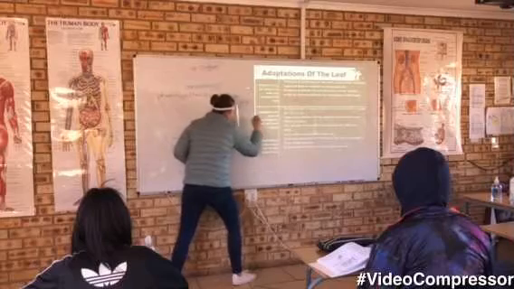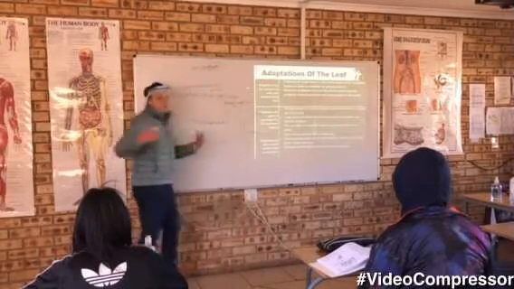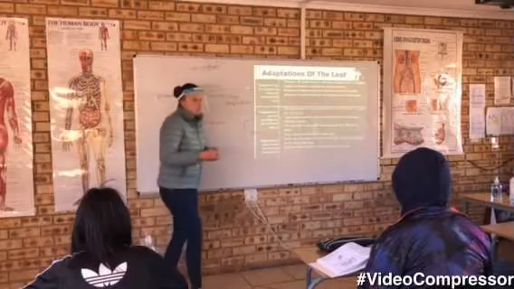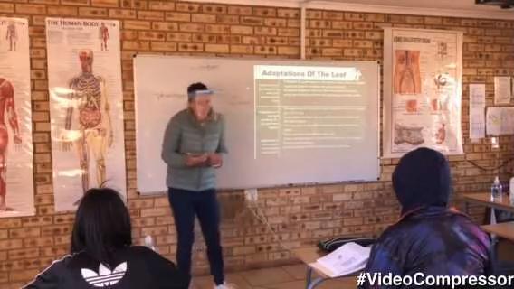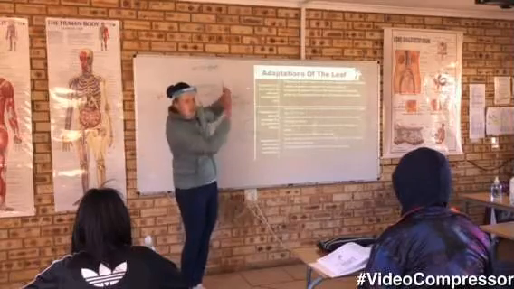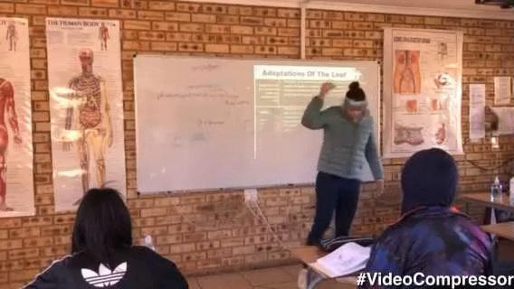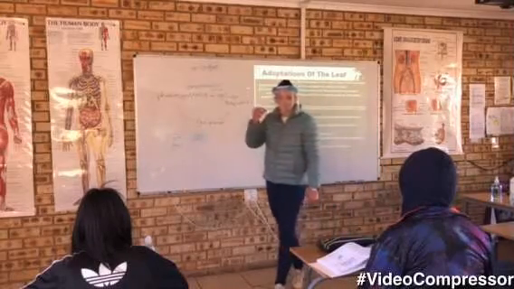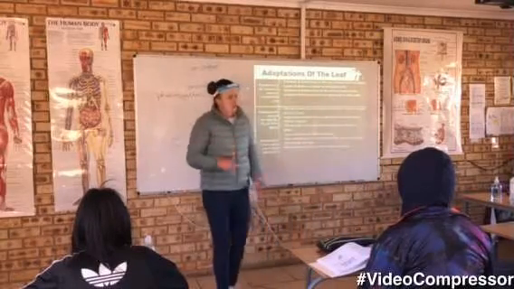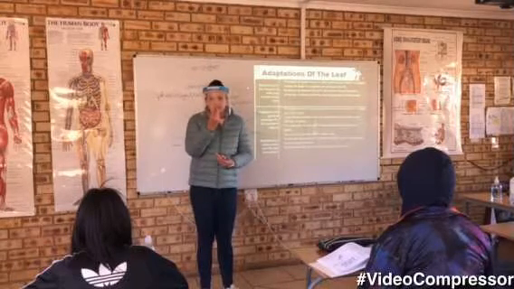The more water that is lost, the more the cohesion forces of water molecules come into play. Water molecules have cohesion forces that allow them to move up with the next one. When you put a straw into a glass of water, do you notice that the water goes straight up the straw? You don't actually have to suck it. Have you ever seen that?